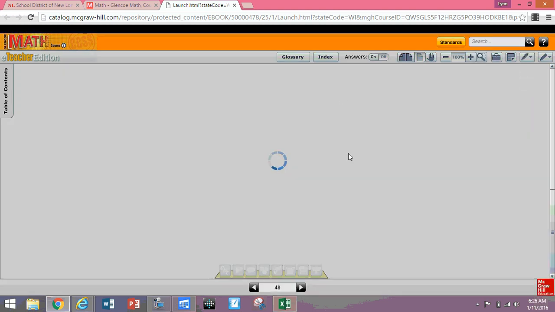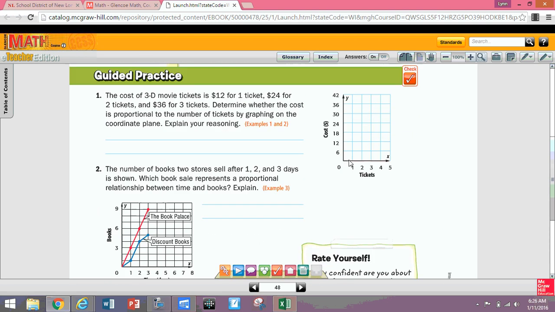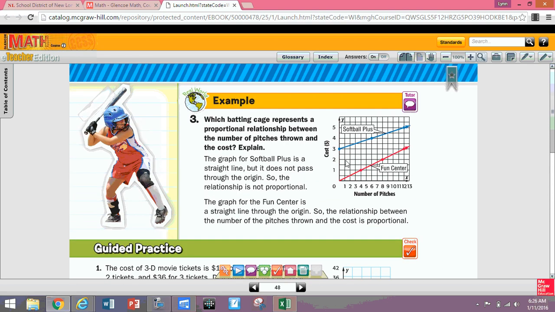Let's turn the page here. The last thing you're going to have to do is look at two situations, two lines, and determine which one is proportional and which one is not, and say why again. So in this example, it says which batting cage represents a proportional relationship between the number of pitches thrown and the cost. So you have Softball Plus and Fun Center. Which one is proportional? Well, Softball Plus is a line, and so is Fun Center.